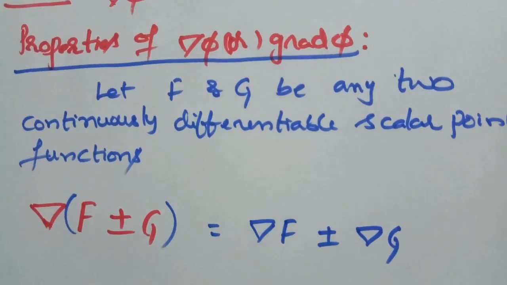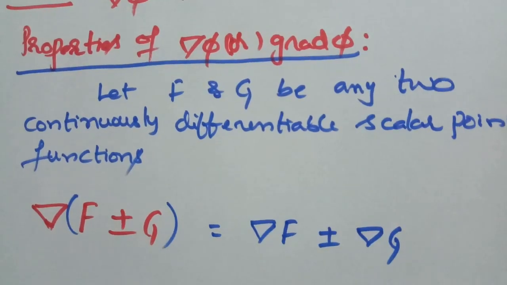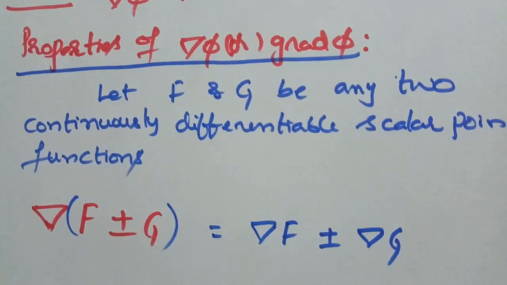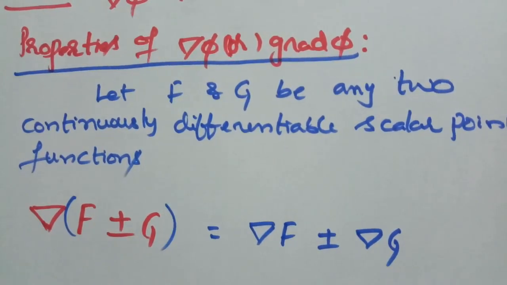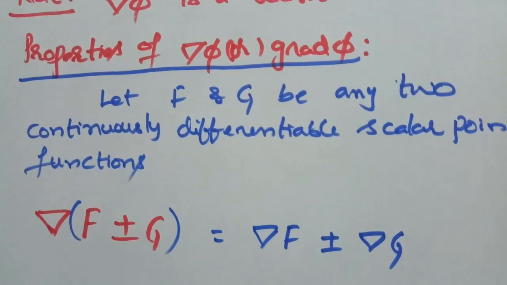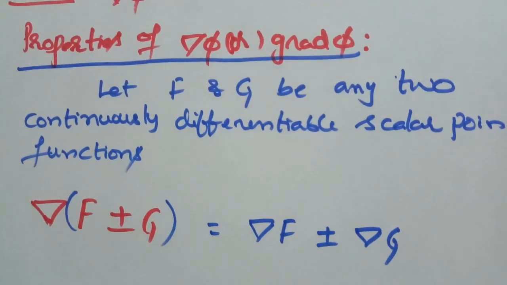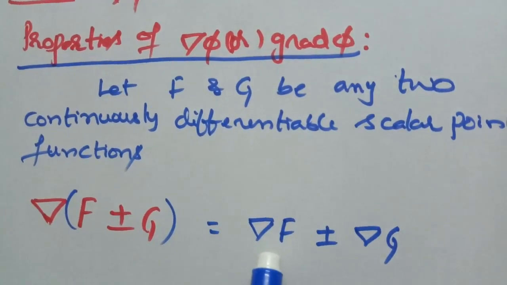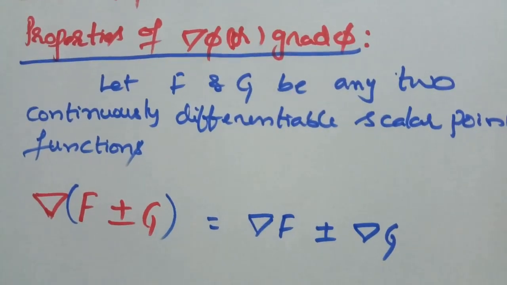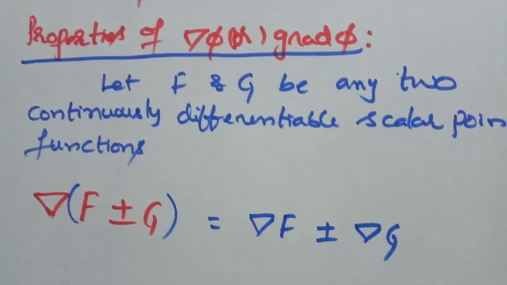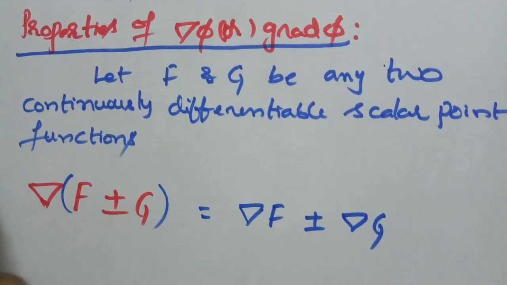Here also the same formula, as del consists of dou by dou x, dou by dou y, dou by dou z as the components of i bar, j bar and k bar respectively. Here also, if you apply the same formulas of partial derivatives, we get del f plus or minus del g. This is formula number 1.